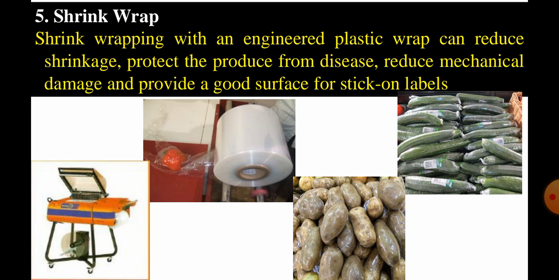Shrink wrapping with an engineered plastic wrap can reduce shrinkage, protect the produce from disease, reduce mechanical damage, and provide a good surface for the stick-on label. Shrink wrapping has been successfully used for packaging potato, sweet potato, onion, sweet corn, capsicum, and cucumber.